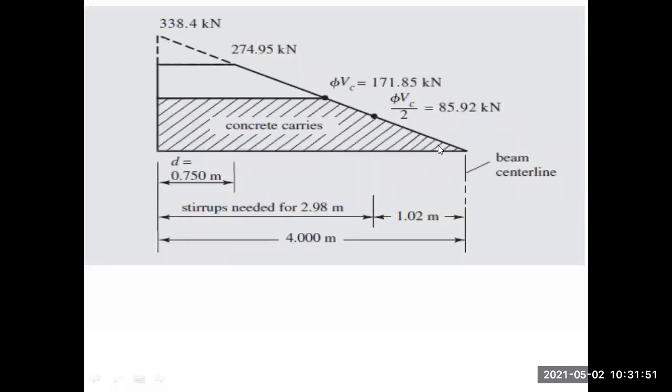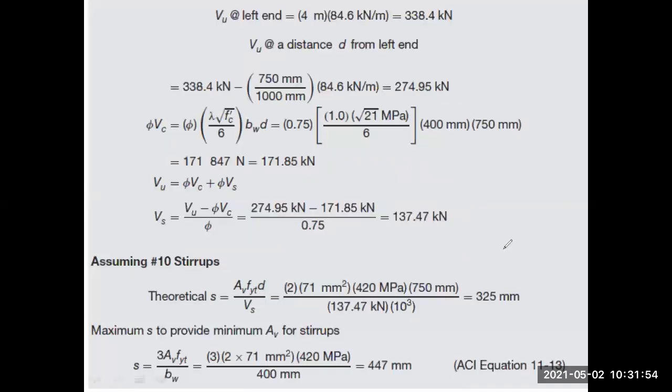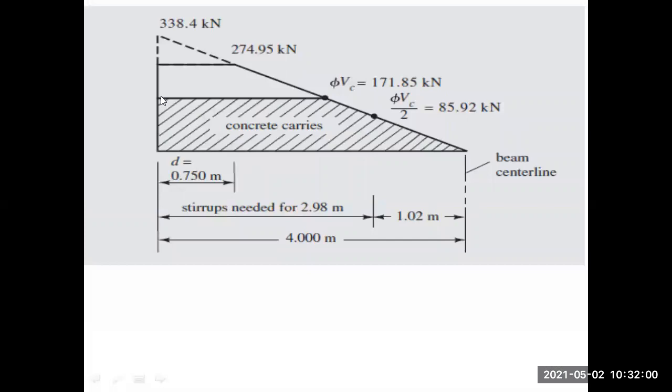The number of stirrups would be equal to the distance, which is 2.9, over what? Over how much was it? The spacing, 325, converted into meters, so times 10 to the power negative 3.